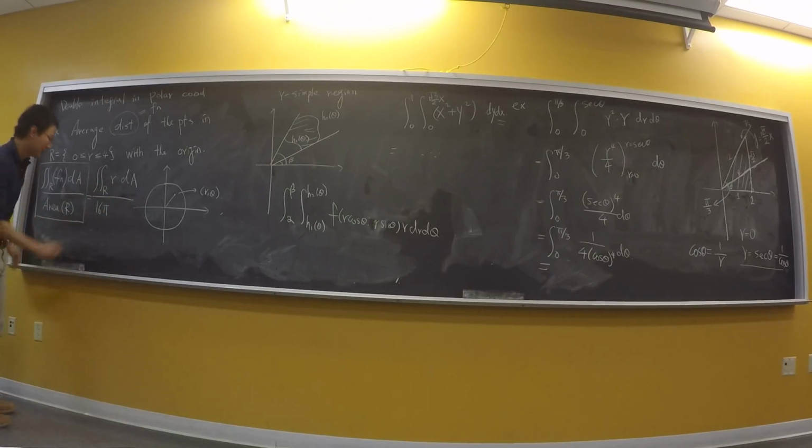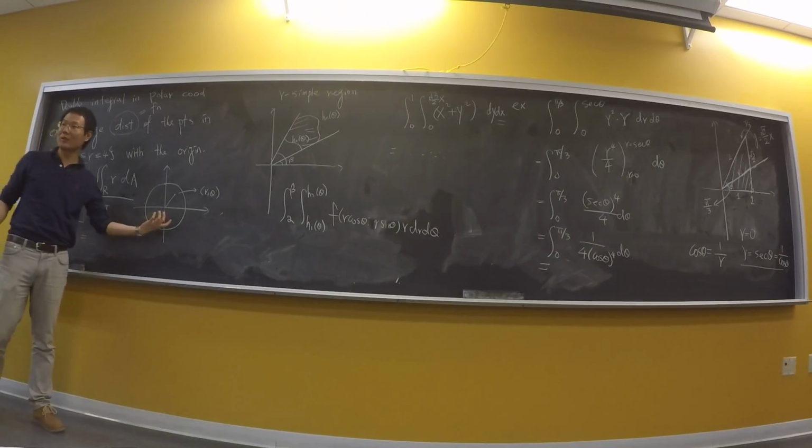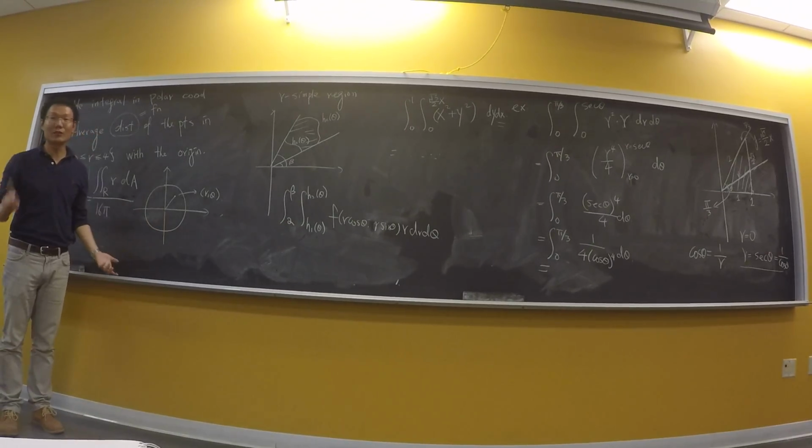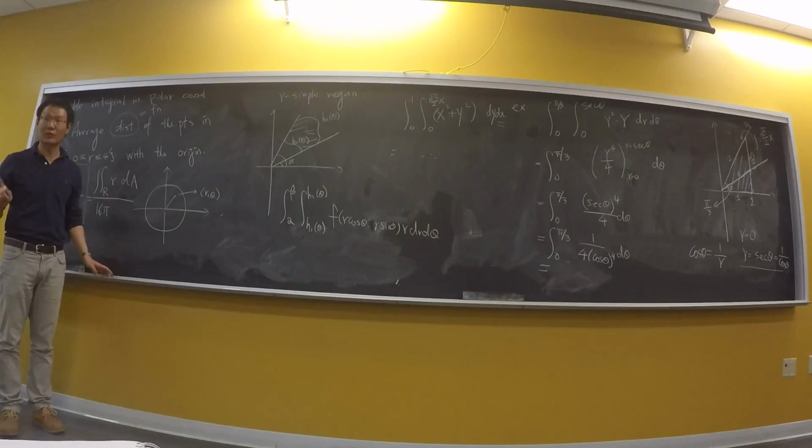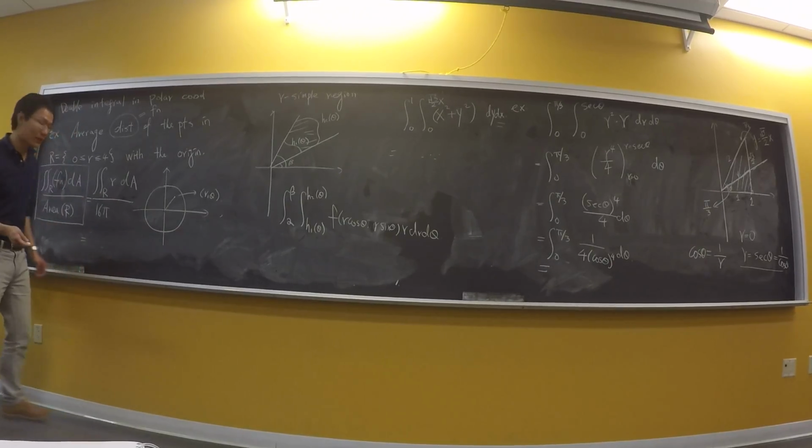This double integral, naturally, I want to use a polar system, right? I want to use polar system because this integrating region is a disk. If your integrating region is a disk, no brainer, you have to go to polar. Okay? You gain a lot of advantage here.